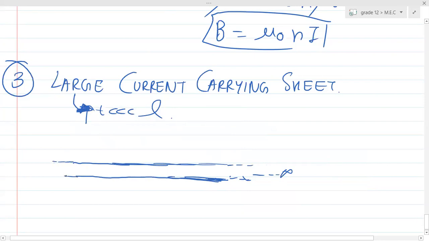So suppose I have this very large sheet, and let us say the linear current density. What do you mean by linear current density? Let us say the current is going into the plane.